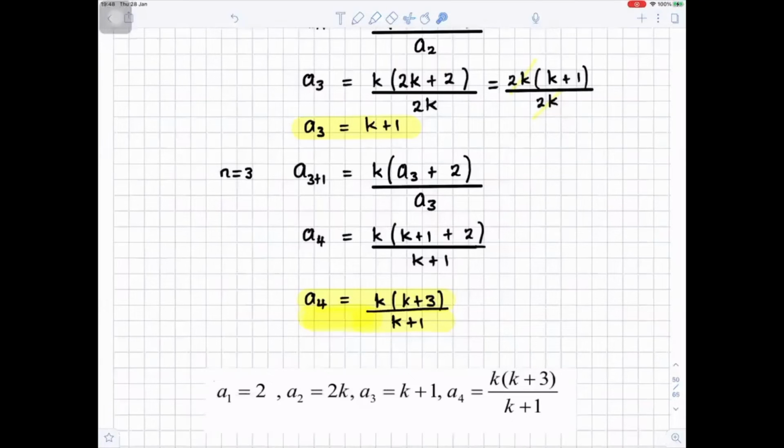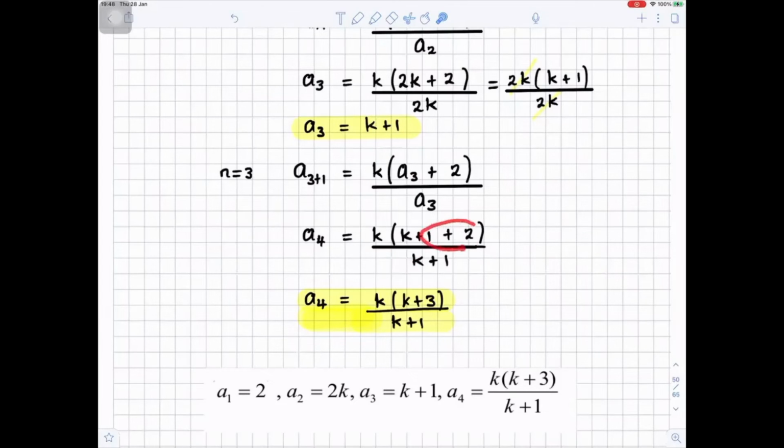To get the fourth term, you put n equals 3. So you've got a(3+1), it gives you a4. And we know a3 is k plus 1. We put there k plus 1 and k plus 1 for the denominator.